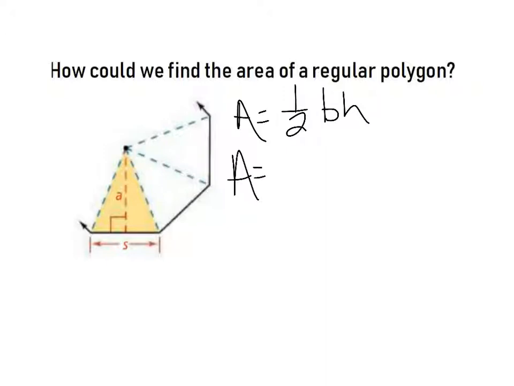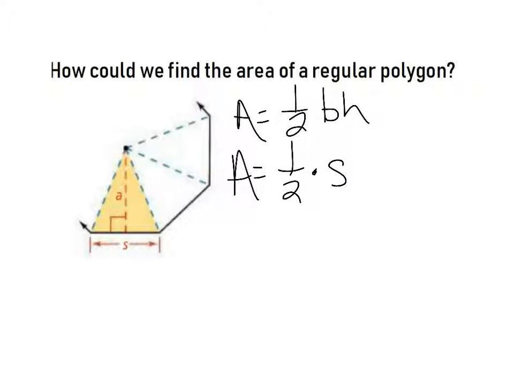In this particular picture, the base is really the side length of the regular polygon. So instead of calling it a B, we're going to call it an S for the side length. Oftentimes we'll know what the side length of the polygon is. The height is this measurement here, but in the regular polygon, remember, from the center perpendicular to the side, that's called the apothem.